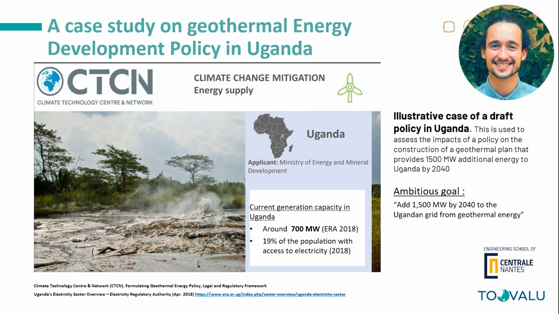So the objective of this policy here is to add 1,500 megawatt to the Ugandan grid from geothermal energy, which is a low carbon source of energy, by 2040. So a significant energy source to the country.